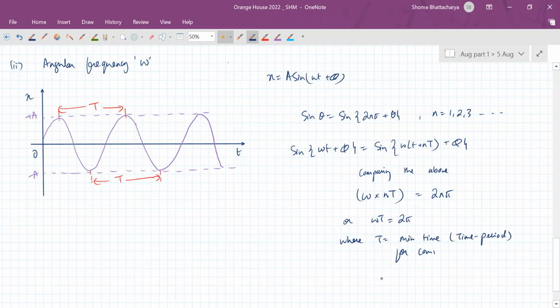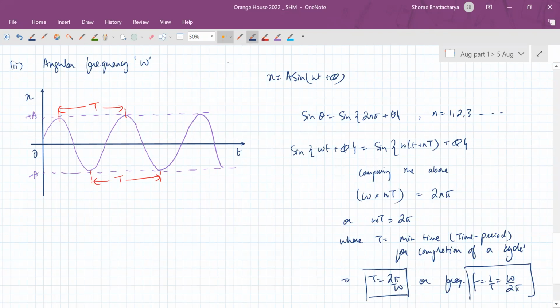Okay. So we have the relation that time period is equal to 2 pi by omega, or frequency is omega by 2 pi. And that is why omega is called angular frequency.